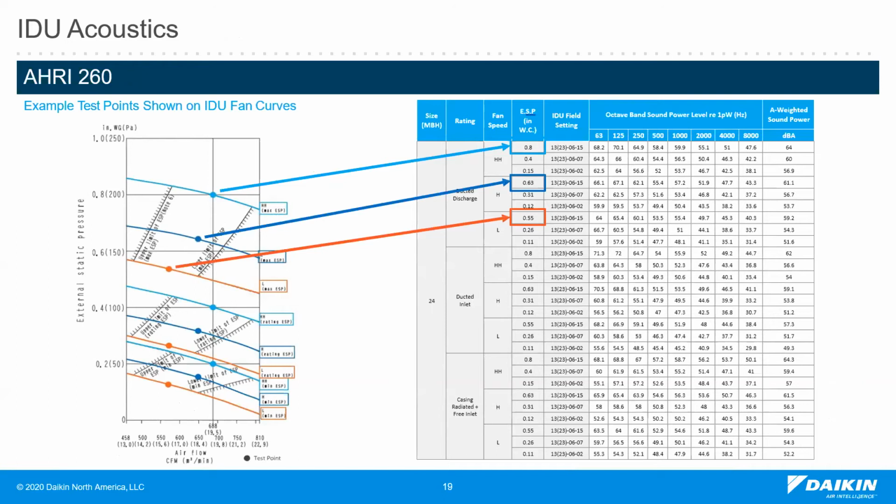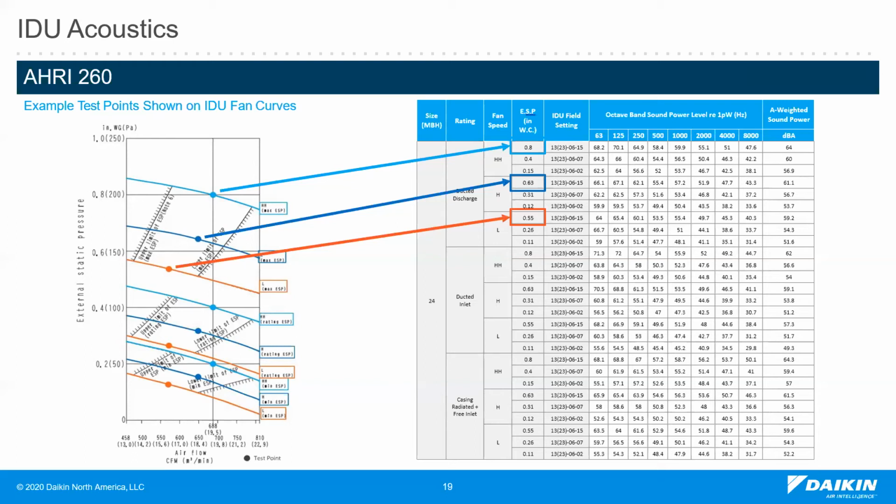Now, using the fan characteristic curve on the left, you can see that the AHRI 260 testing is taken from 3 data points. Then referring to the table on the right, measurements are taken for each size of indoor unit, for each reverberation room configuration. You'll see here that the ducted discharge, ducted inlet, and casing radiated plus free inlet are the configurations.